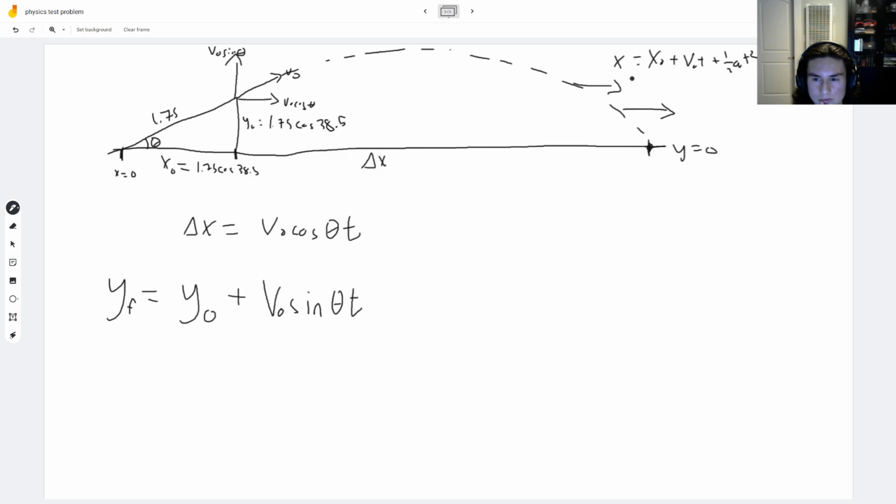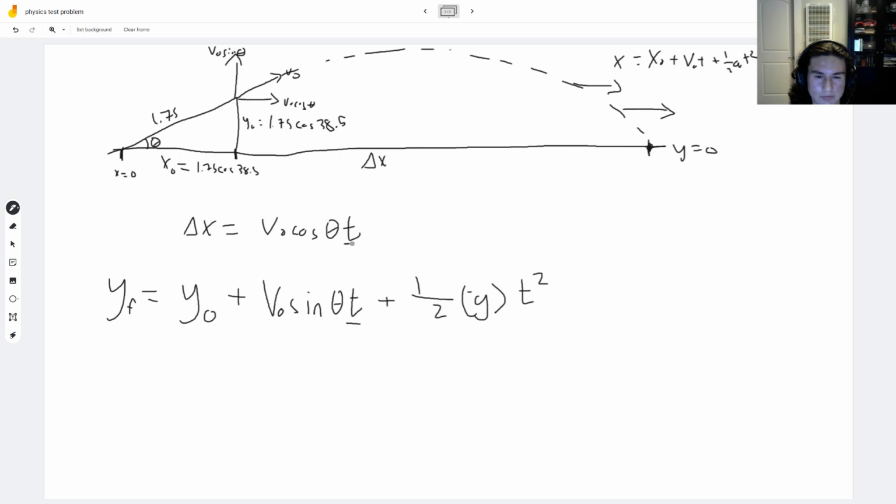This time we're also going to be including gravity, so that's 1/2 negative g t squared.